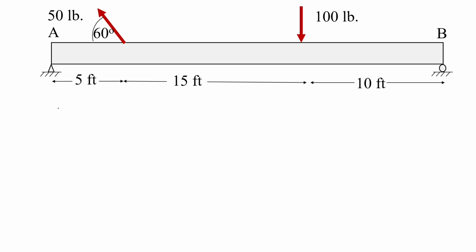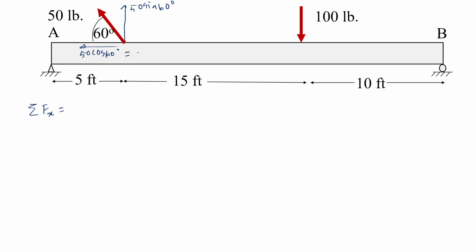So here, to calculate the resultant, we'll have to resolve this force. The y component is going to be 50 sine 60 degree, and the horizontal component would be to the left direction, which is 50 cosine 60 degree. So the total force in x direction is simply this.